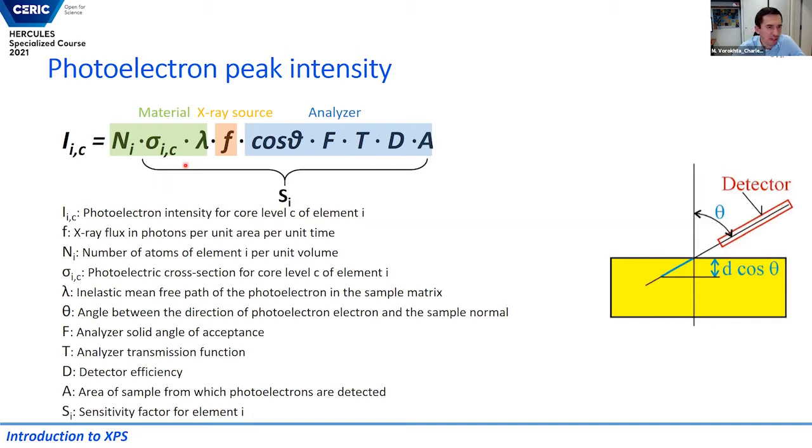If you take some materials and also calibrate the photoionization cross section, the probability for photoionization, and you know the lambda, the parameter which tells you from which depth the electron can come to the surface from the sample, all these things can be measured using some calibration samples.